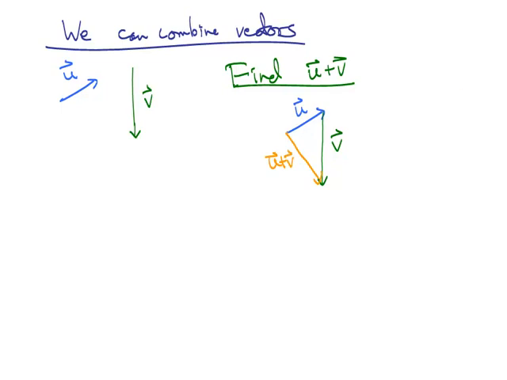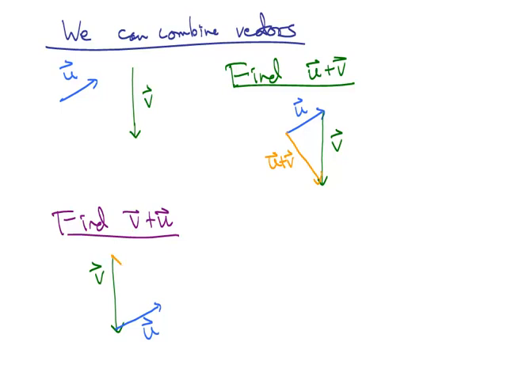Now what's nice is that we could also, if I want, find things in the opposite direction. I could find the vector v plus u by starting with the vector v, going straight down, and then to the end of that tacking on the vector u. So here's a copy of u. And then what's v plus u? I start where v starts, I end where u ends, and you'll notice that we get the exact same vector.